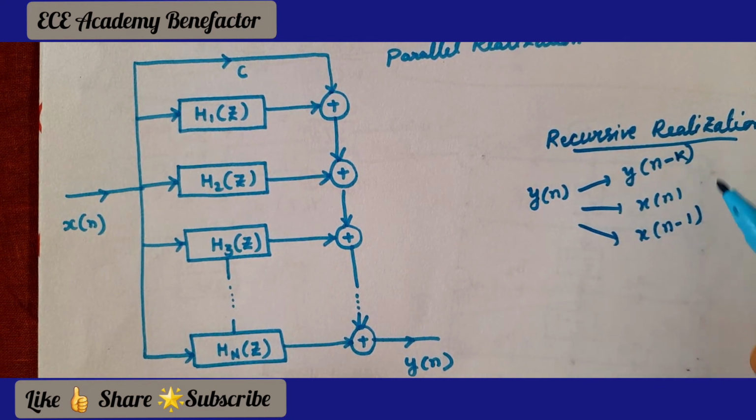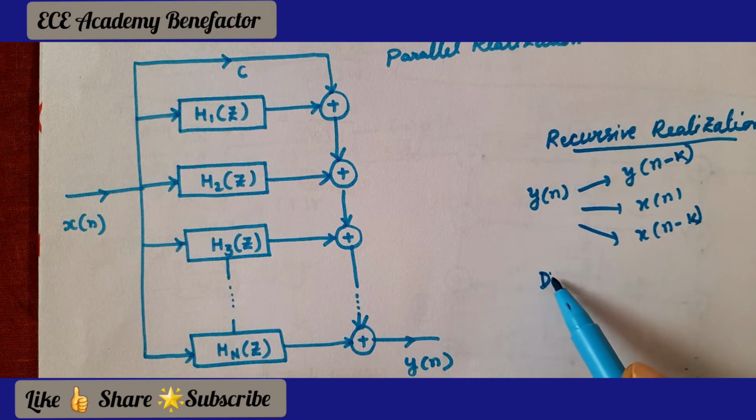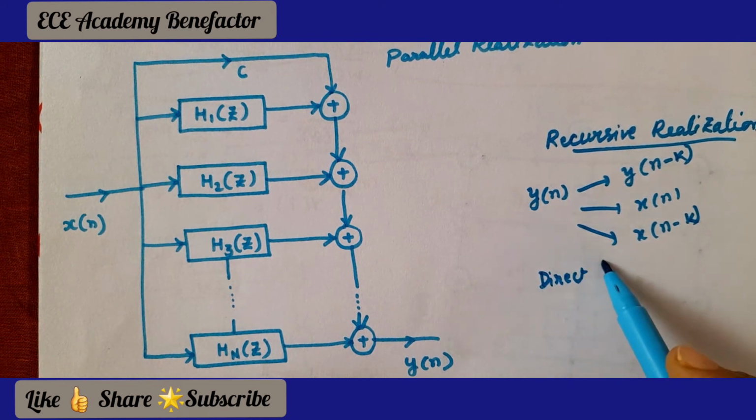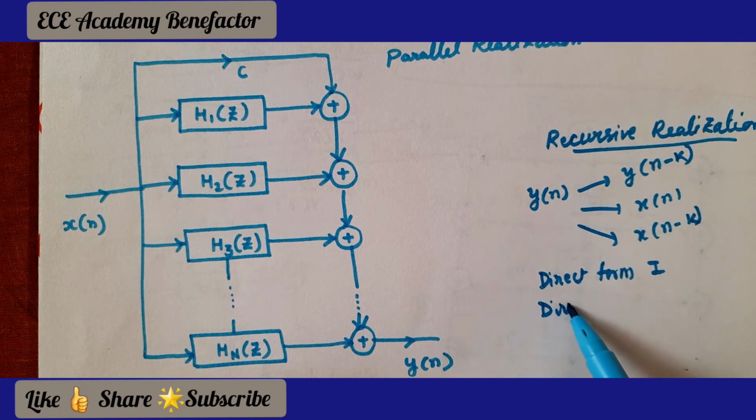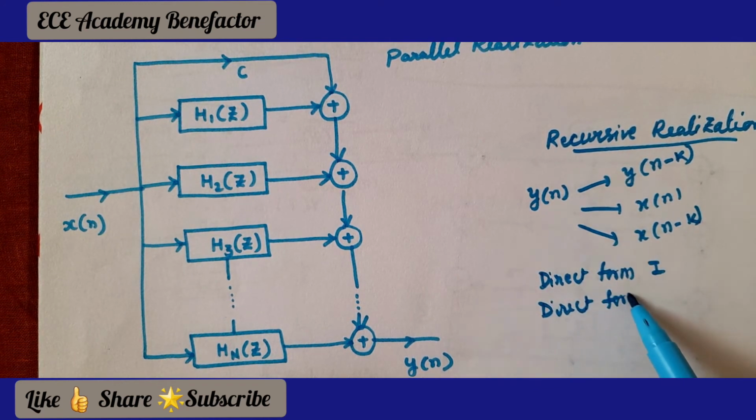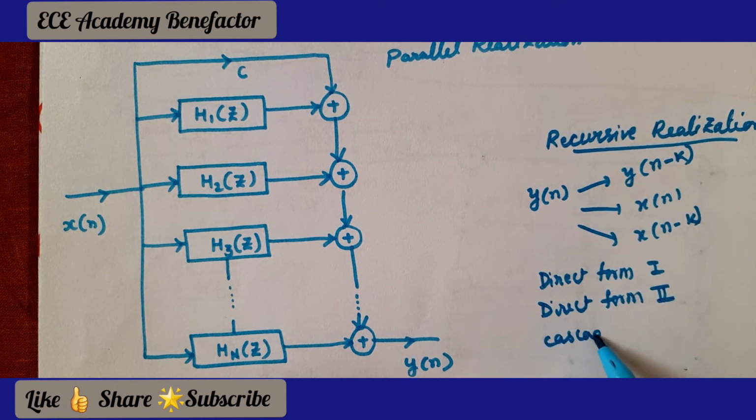It can be taken as k past inputs. Past output, present input, past input. And the realization we have seen is direct form 1, direct form 2, cascade and parallel.